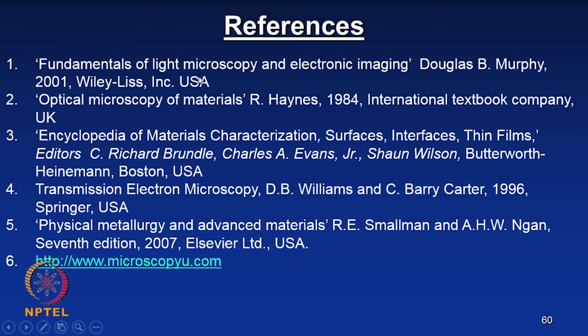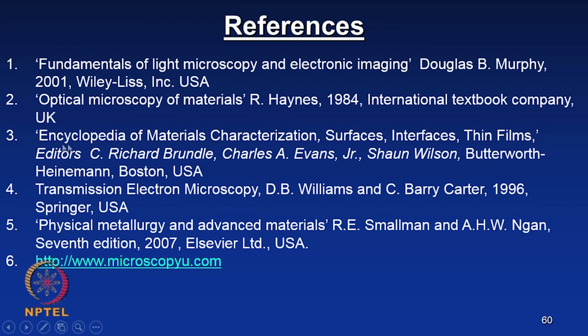One is Fundamentals of Light Microscopy and Electronic Imaging by Douglas B. Murphy, 2001, Wiley-Liss, USA. And the second important reference, Optical Microscopy of Materials by Haynes, 1984, International Textbook Company, UK.